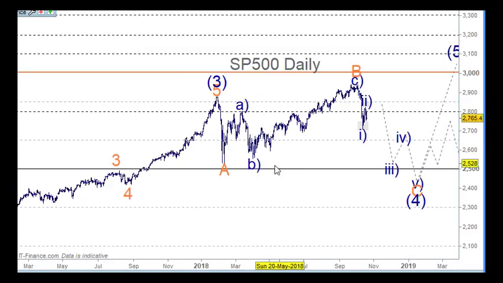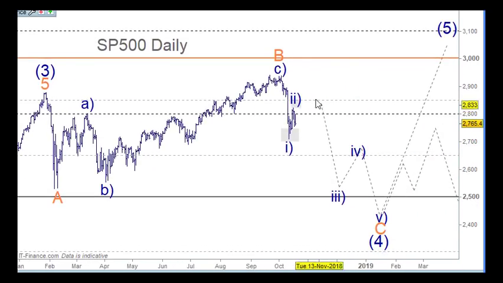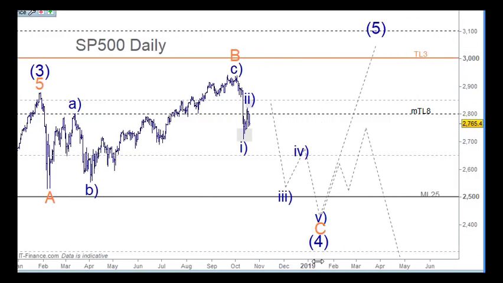Moving into the daily chart for a moment, we've got wave 1 and 2 in play, so we're looking for wave 3 to come down, then 4 and 5 to complete C of 4, and then a move to the upside. If I'm totally wrong with all this, it will still be pretty much the same pattern.